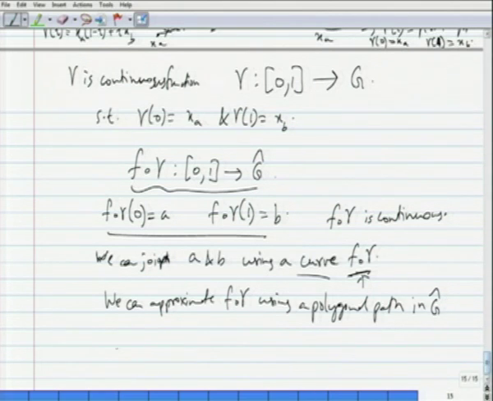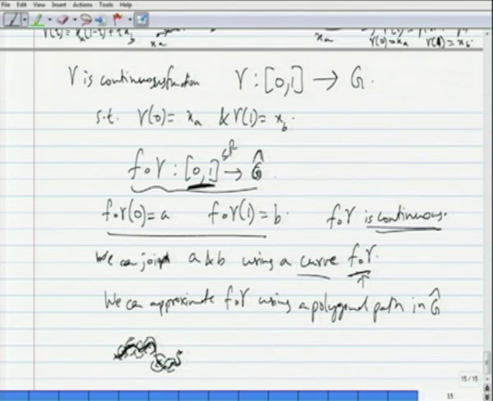The approximation comes from the fact that G hat is open. Okay. So, once you have 2 points and there is some curve joining these two, around each point you can, this is a compact set, because it is the image of a compact set. 0 1 is compact in real numbers, and the continuous image of a compact set is compact in G hat. So, when you have a compact set, you collect all the balls of a certain radius, and that forms an open cover of this path.